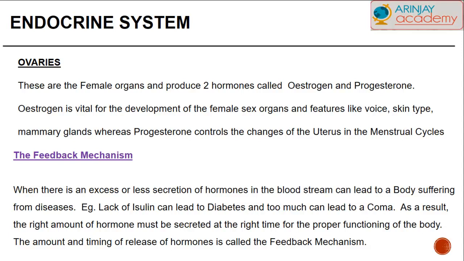If there is a lack of insulin, for example, this can lead to diabetes, and too much of it can lead to a coma. As a result, the right amount of hormone must be secreted at the right time for the proper functioning of the body. This is the theory based on the feedback mechanism.